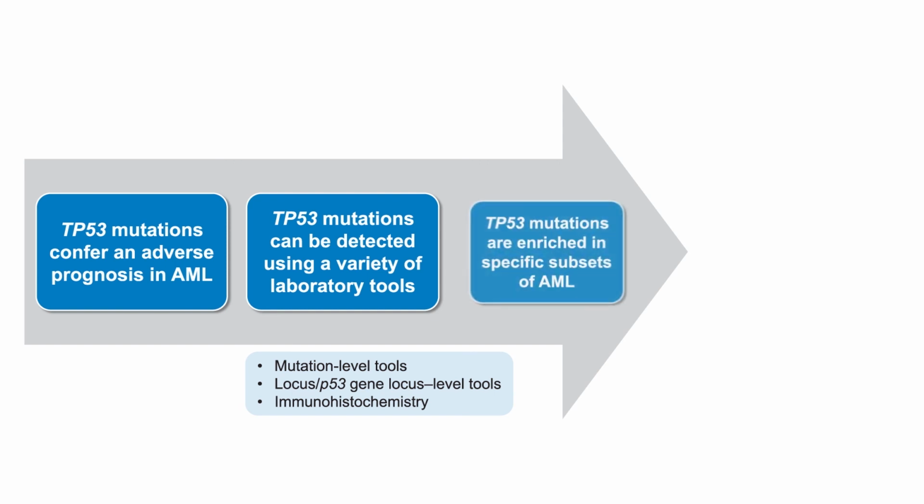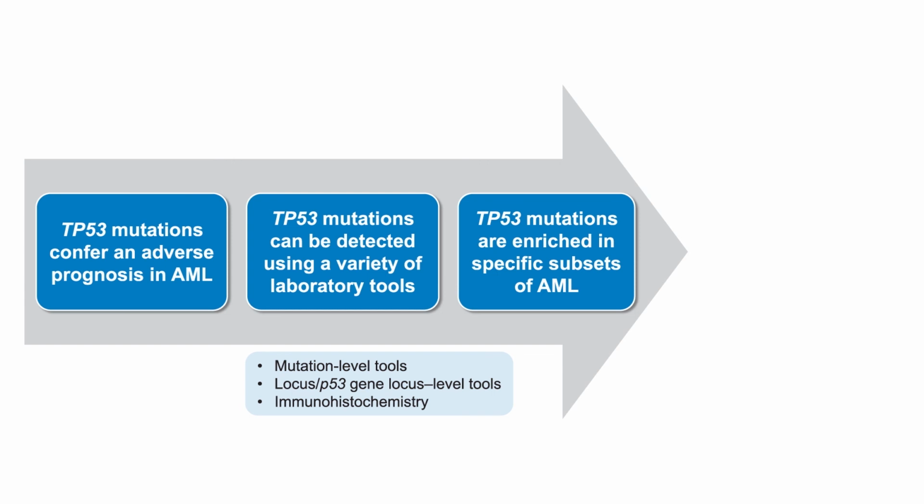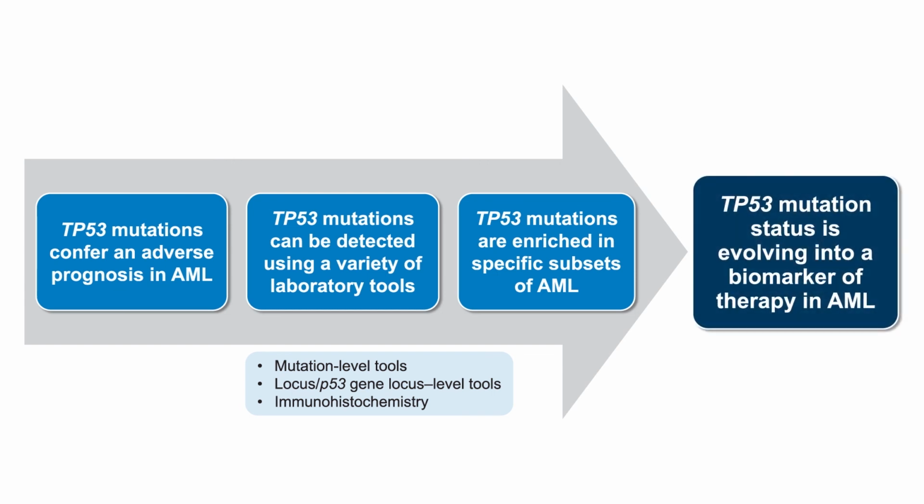It's important to remember that P53 mutations are enriched in specific subsets of AML, and that P53 mutation status is evolving into a biomarker of therapy in AML, as well as MDS.